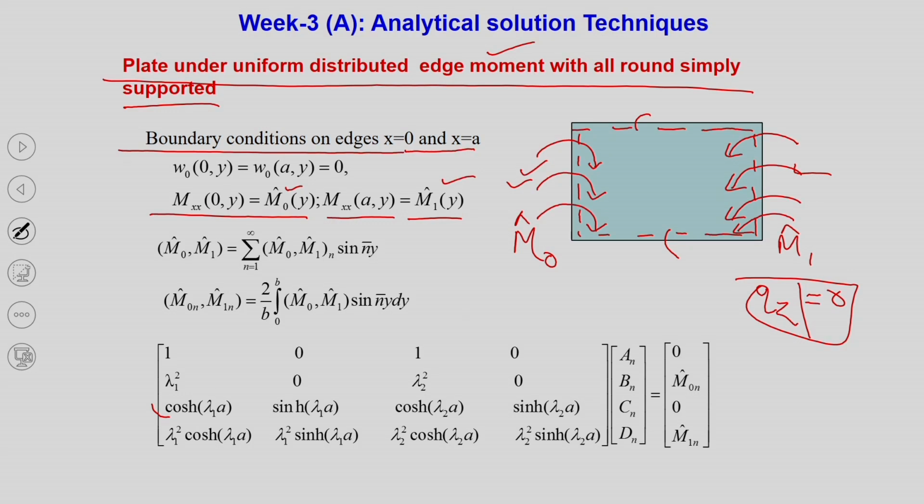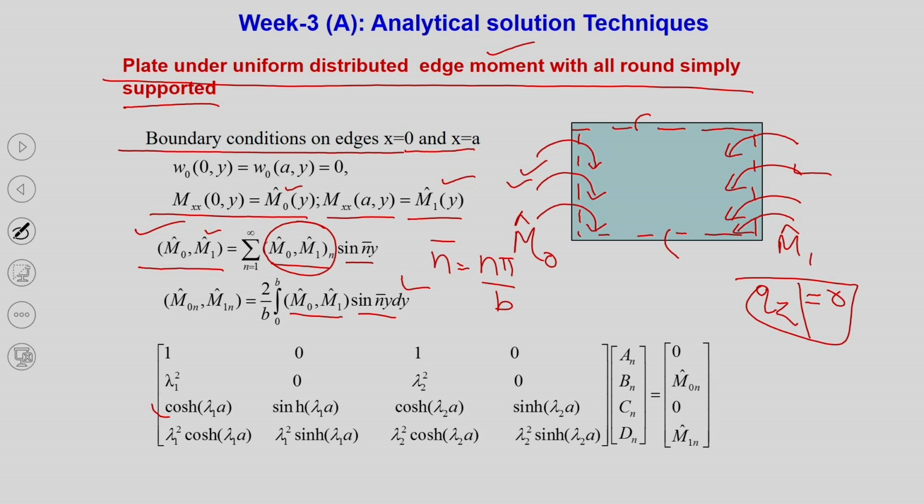Like QZ, which you expressed in a single sine series for the Levy case, similarly you will express m0 hat and m1 hat like this, where n bar is nothing but n pi by b. Then these m0 hat and m1 hat, like qn, are 2 by b, integration from 0 to b over that.